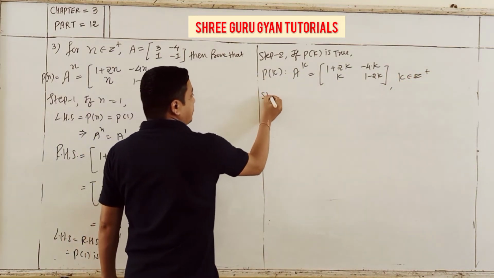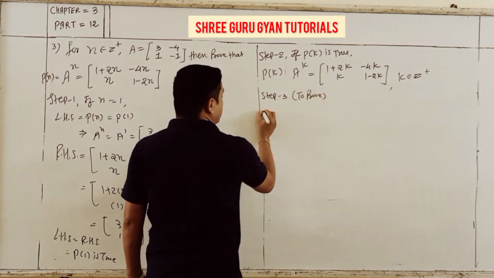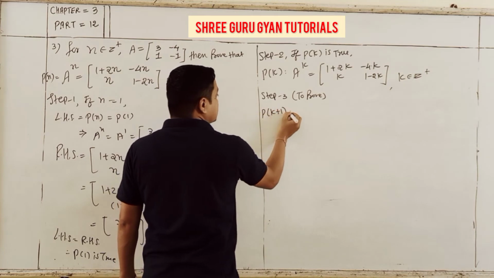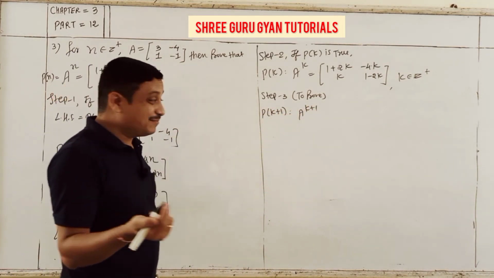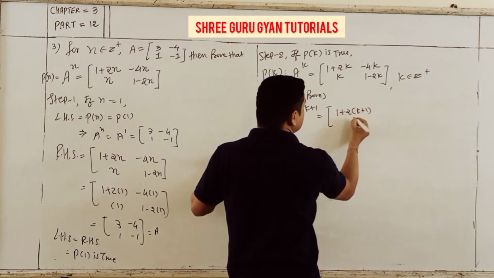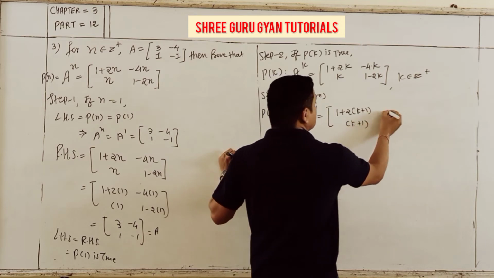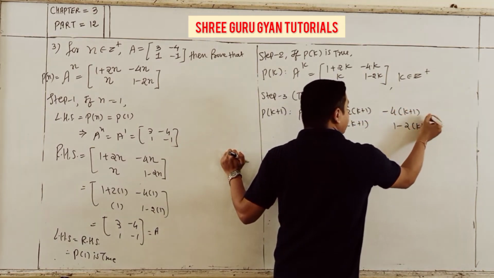And step 3, which is to prove P of k plus 1, just apply A raised to k plus 1, and in the place of k just write k plus 1. So 1 plus 2 times k plus 1, k plus 1, minus 4 times k plus 1, and 1 minus 2 times k plus 1.